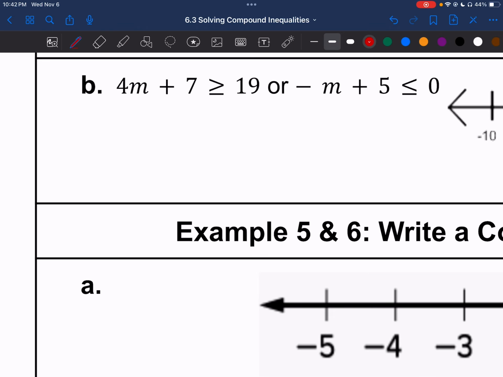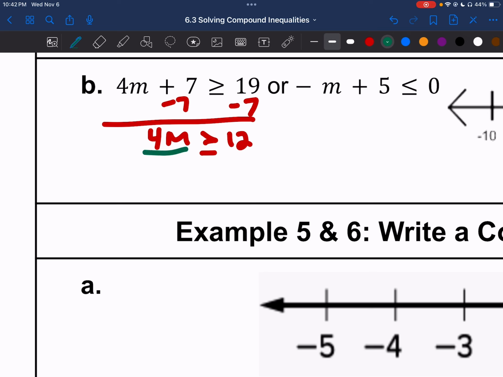All right, so 4m plus 7 is greater than or equal to 19. We're going to subtract 7 from both sides. And we get 4m is greater than or equal to 12. Divide by 4, m is greater than or equal to 3. Okay.